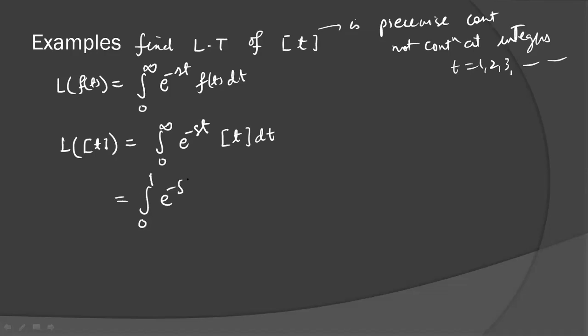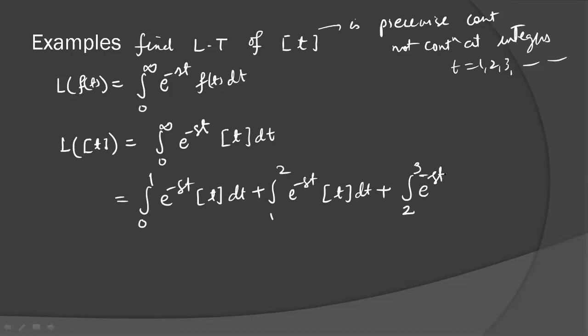0 to 1 e to the power minus st greatest integer t dt plus 1 to 2 e to the power minus st greatest integer t dt plus 2 to 3 e to the power minus st greatest integer t dt plus so on up to infinity. Remember, at 0, 1, 2, 3, we cannot find the value because it is not a continuous function.